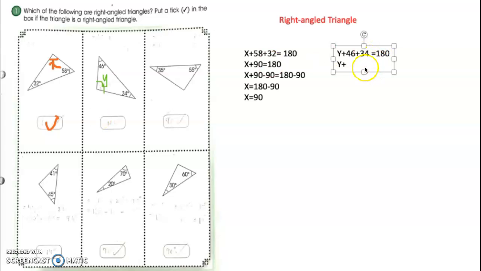Okay, it's 80. So y plus 80 is equal to 180.